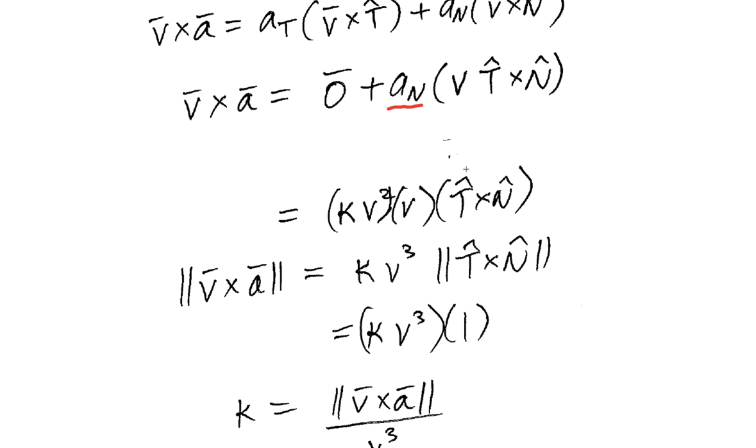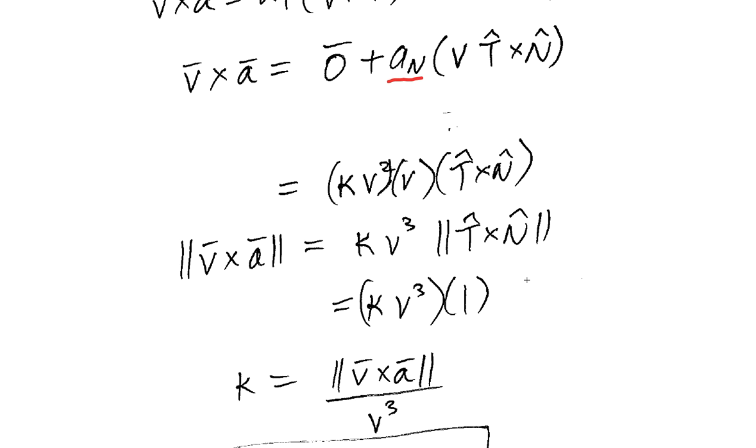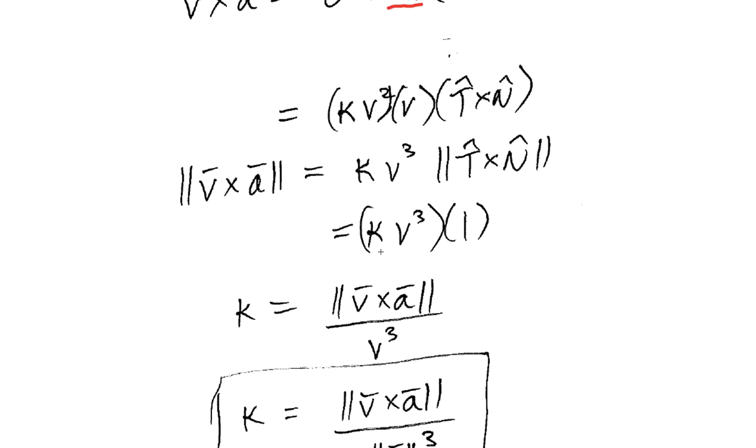Then I'm going to take the magnitude of both sides of this equation. So I've got the magnitude of v cross a is kappa v squared times the magnitude of t hat cross n hat. But t hat and n hat are unit vectors that are orthogonal to each other. So the magnitude of the cross product is 1, because it's the area of the parallelogram formed by the two, which is a unit square. So the magnitude of v cross a equals kappa v cubed times 1.